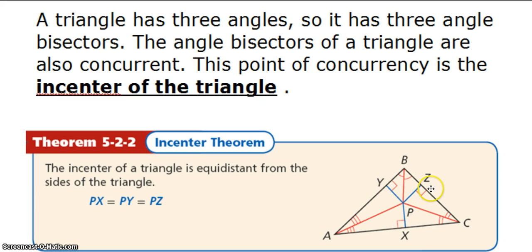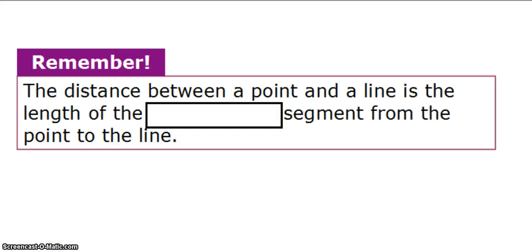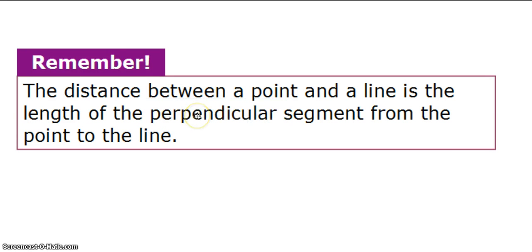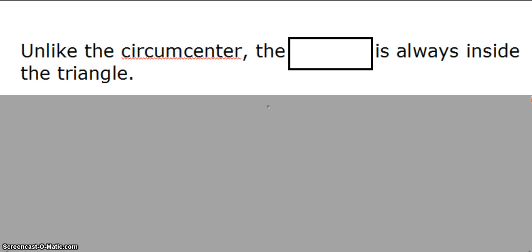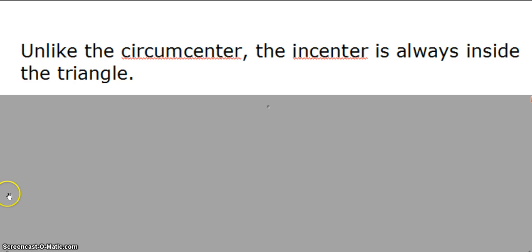But they are themselves congruent. Okay, so this is just a little note that what I just mentioned, that the distance between any point and a line is the length of the perpendicular segment, right, from the point to the line. Unlike the circumcenter, the incenter is always inside the triangle.